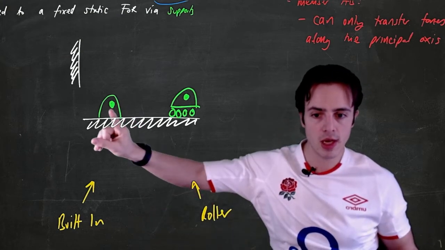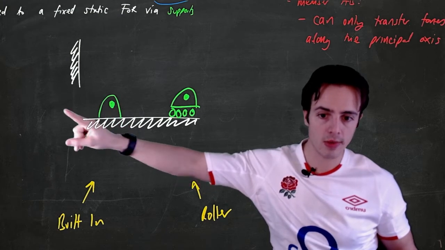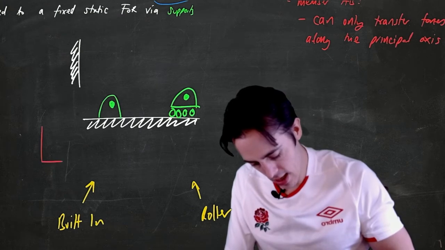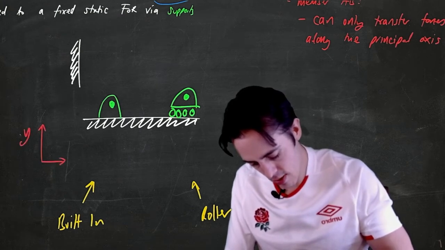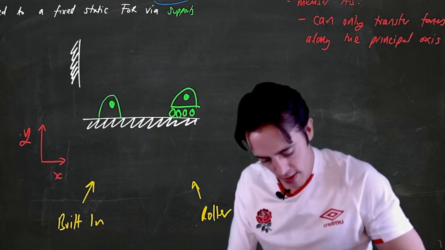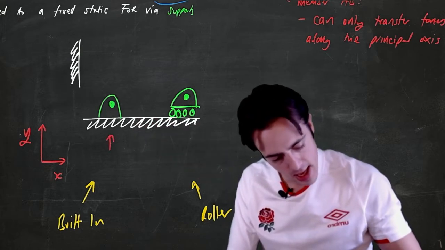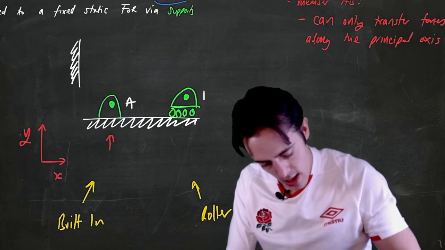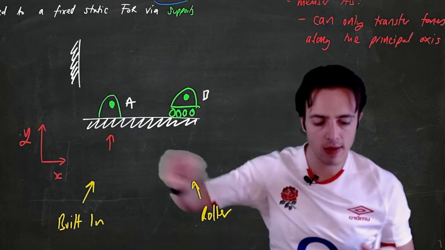A built-in support is there to stop lateral and vertical movement. So if I put an axis system on here, Y and X, then I have two reactions from this support. Let's say this is A and B, then there would be two reactions for this one.